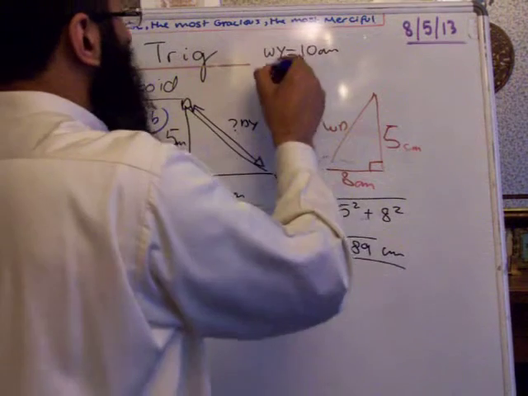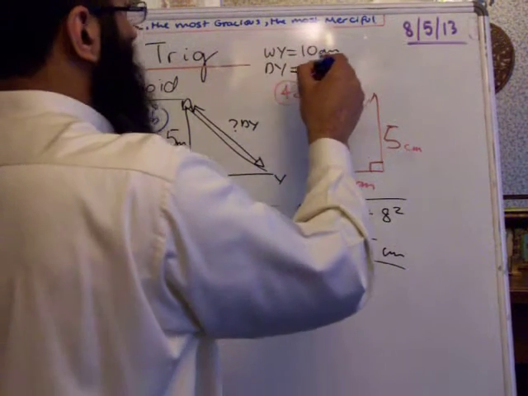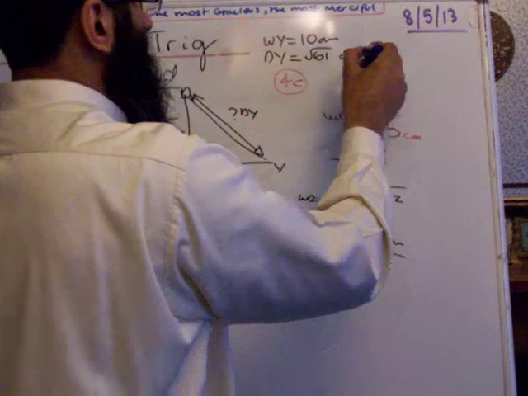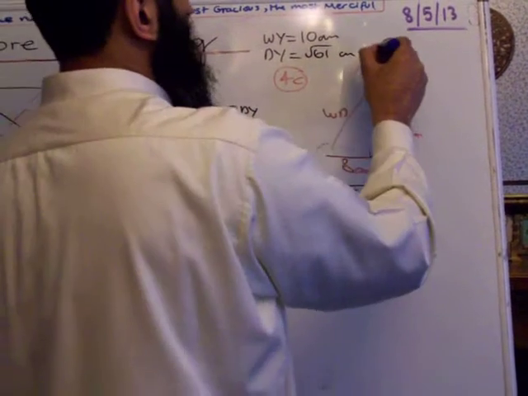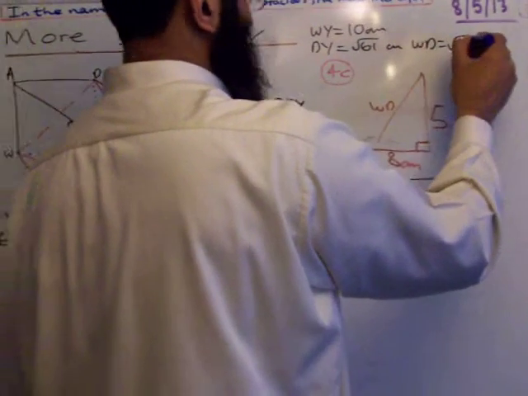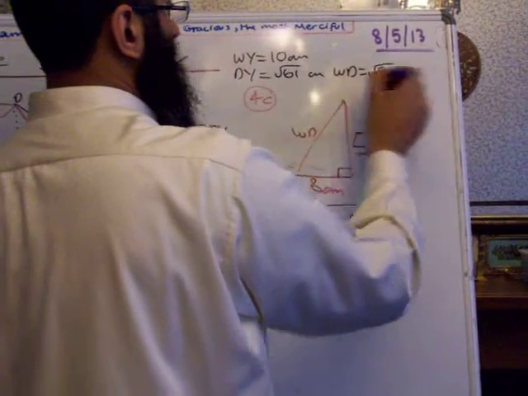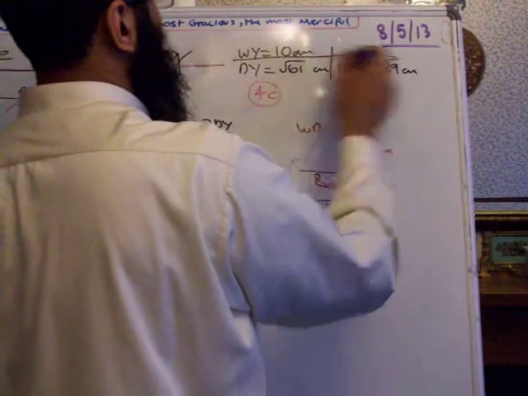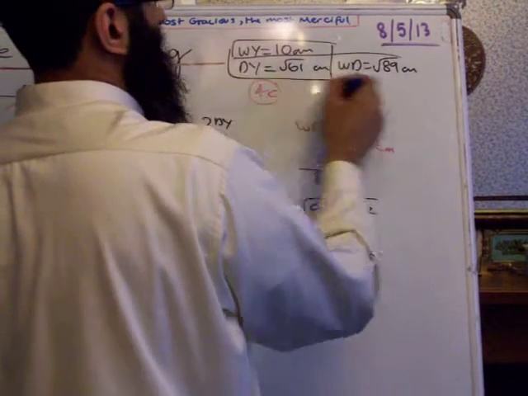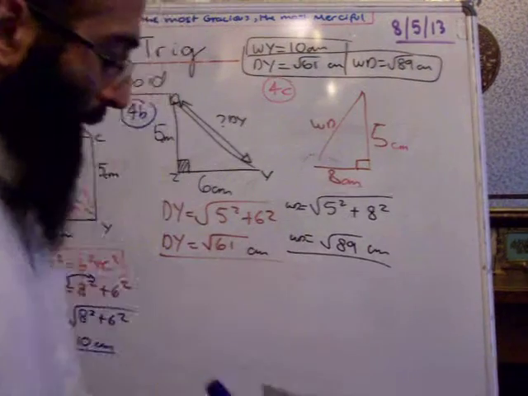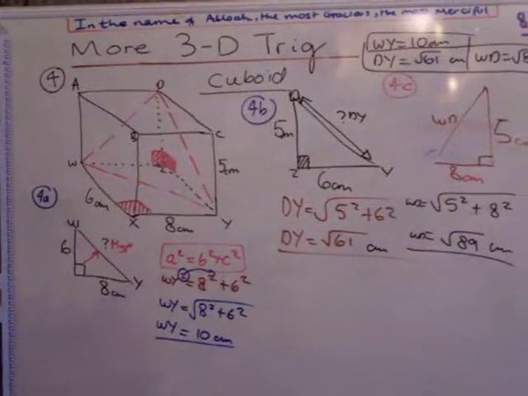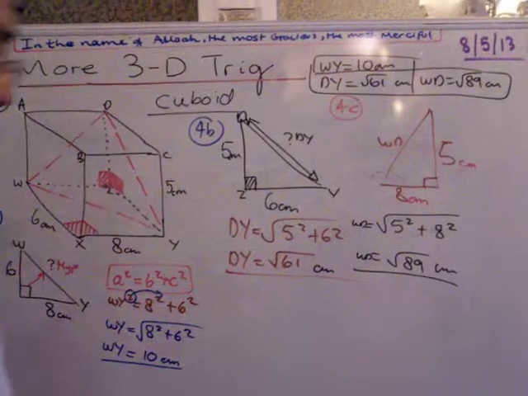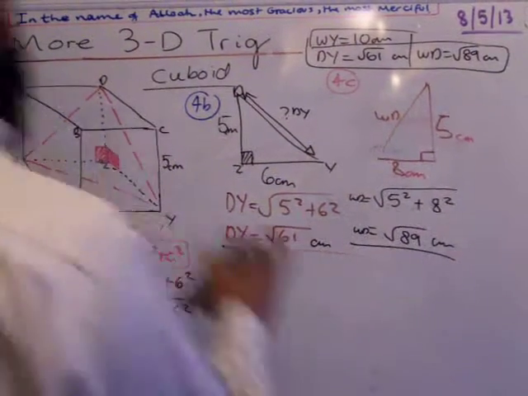DY equals root 61 centimeters. And WD is root 89 centimeters. Now we need to do the cosine thing. Alright, let's rub off this board.